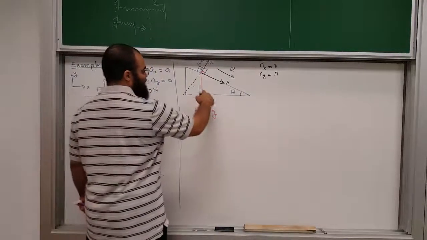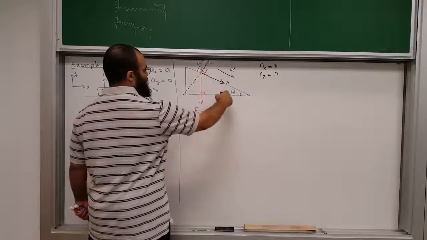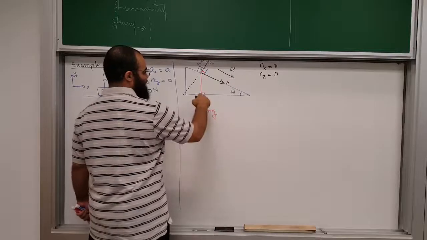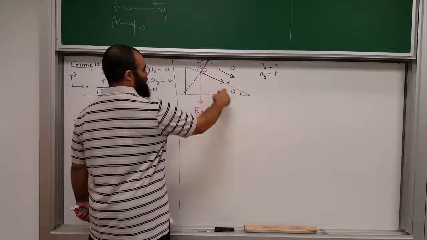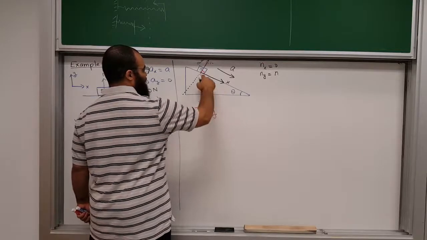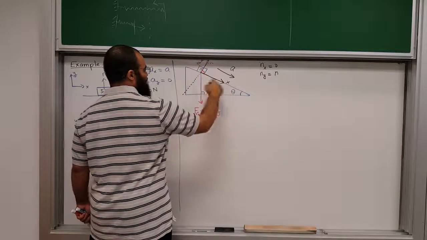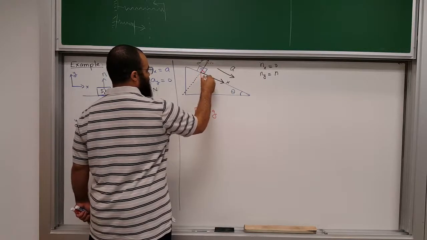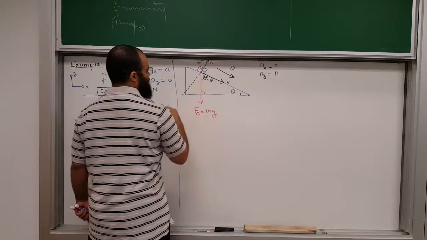I know this is 90 degrees and this is a triangle, and the sum of the angles of a triangle will be 180. This is 90 already, so these two have to add up to another 90 to make up 180. So if this is theta, then this has to be 90 minus theta.